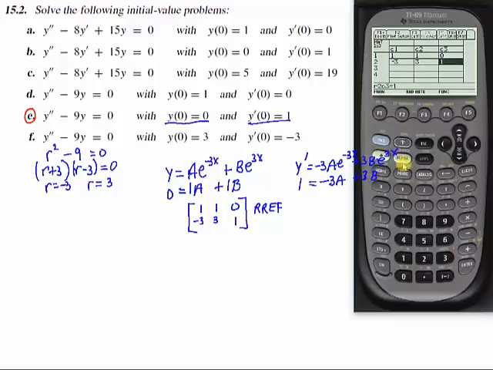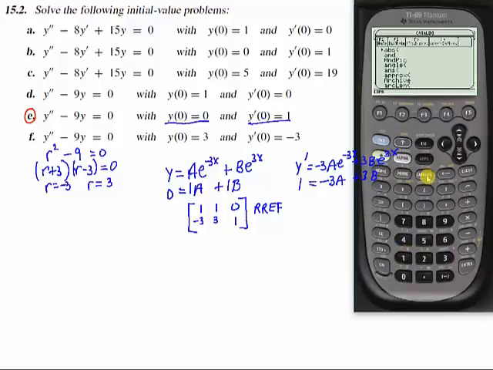Back to the home screen. Now we're going to do the RREF. You can get that in the catalog by going to the R's, or you can type RREF and then the name of the matrix where you typed it, which mine was M, and this is what we get. Now remember, if the left hand side is 1, 0, 0, 1, then these are the two solutions in the order a, b.